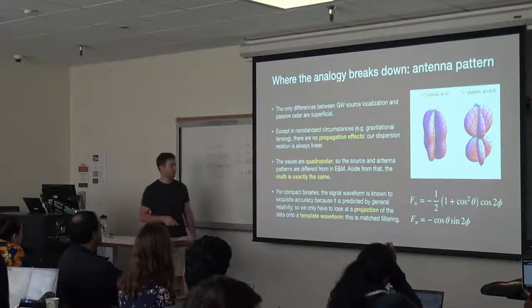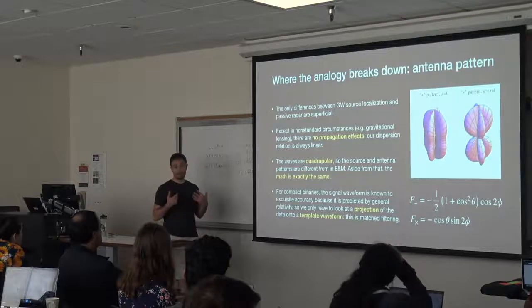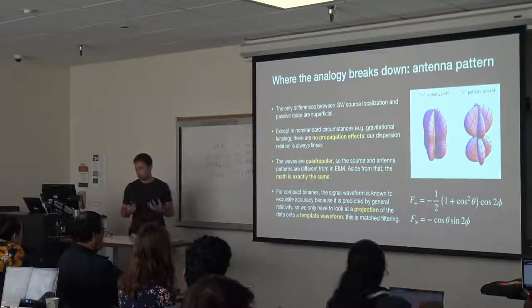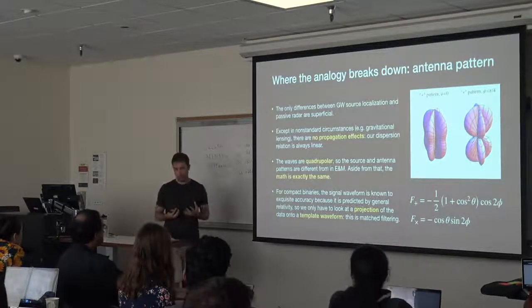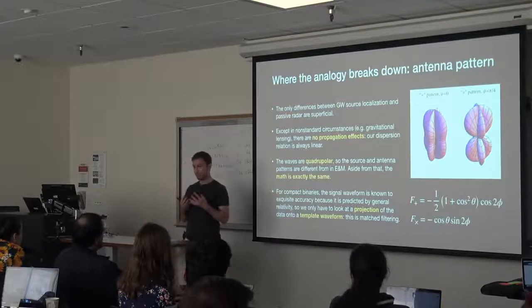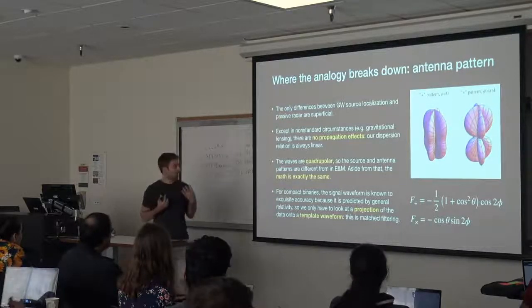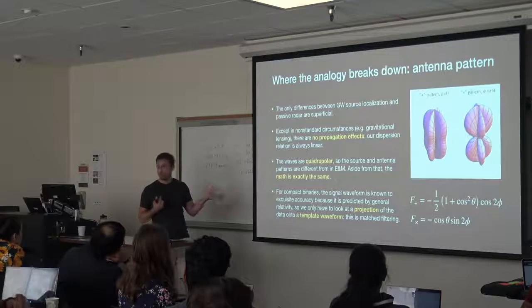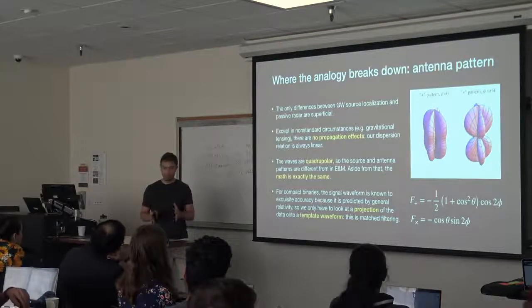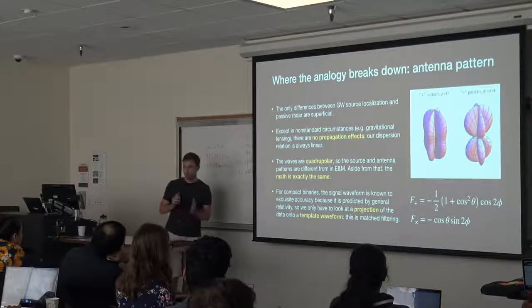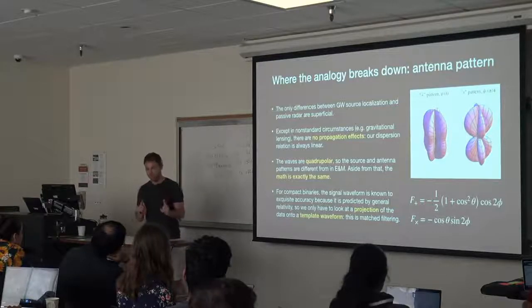The other neat thing about gravitational waves is that gravitational wave sources are, for the most part, very physically clean systems. Compact binaries in particular, while they're in the LIGO band, are evolving under the influence of just one effect, gravitation.